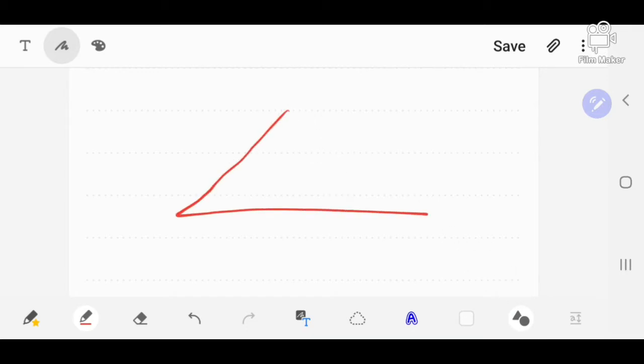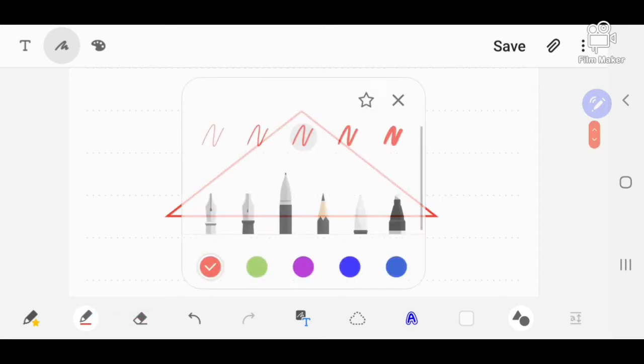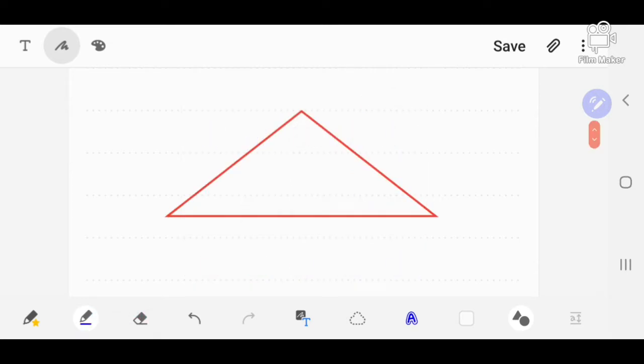So for example, let's say that we have such a triangle where the angles are 40 degrees and 60 degrees. Let's name this triangle ABC.